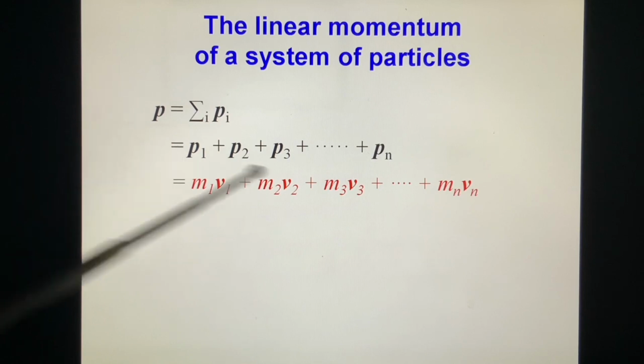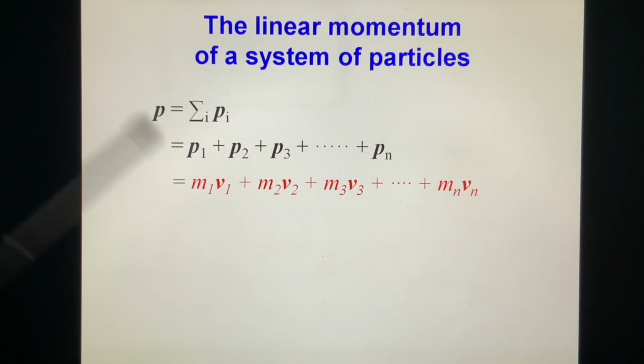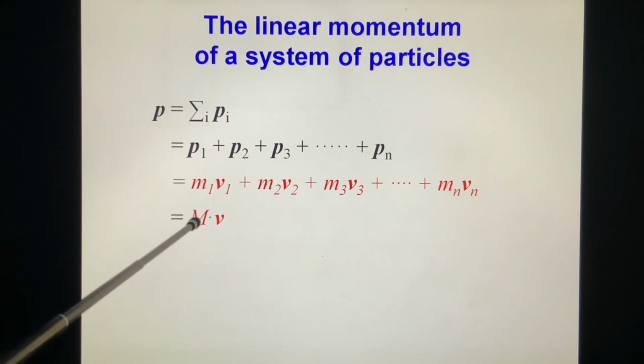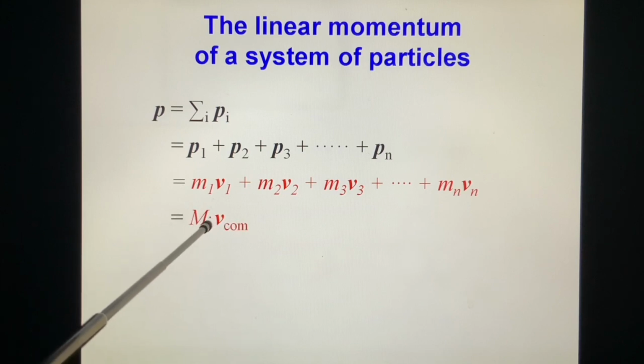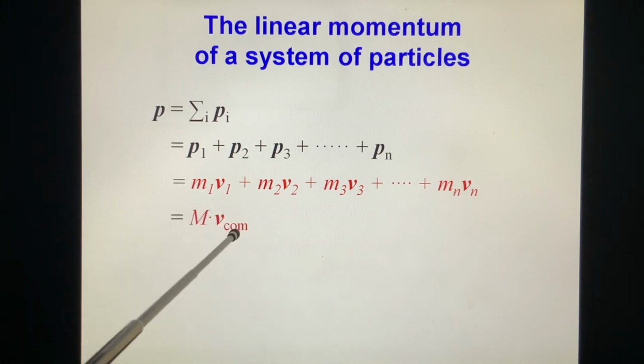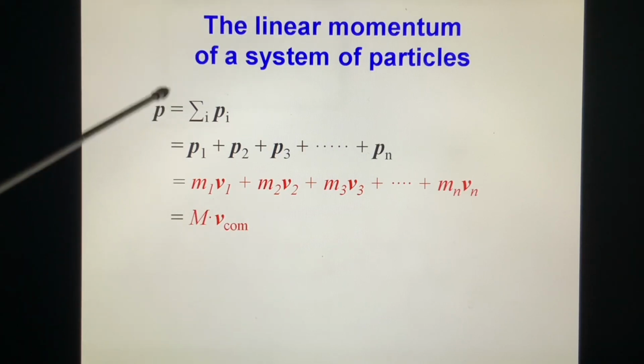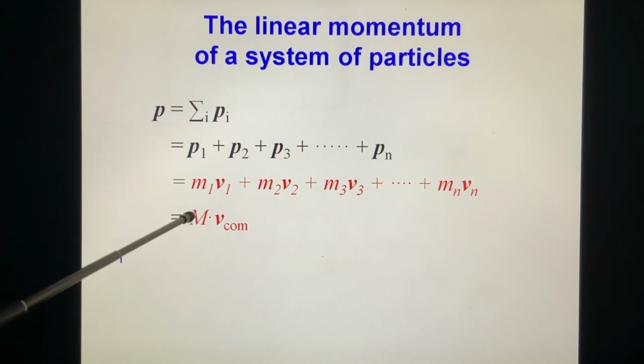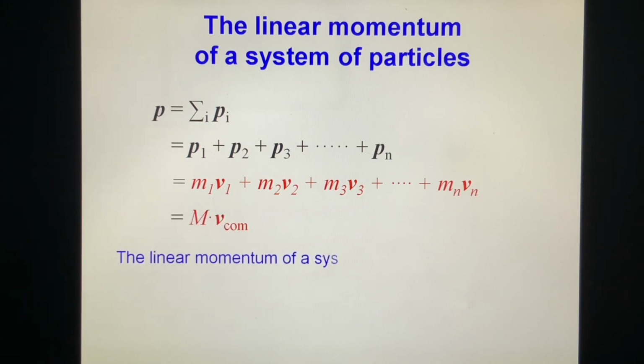And this formula seems familiar to us. From the center of mass, we find this equals the total mass multiplied by the velocity of the center of mass. So the total linear momentum of the system equals the total mass times v_com.